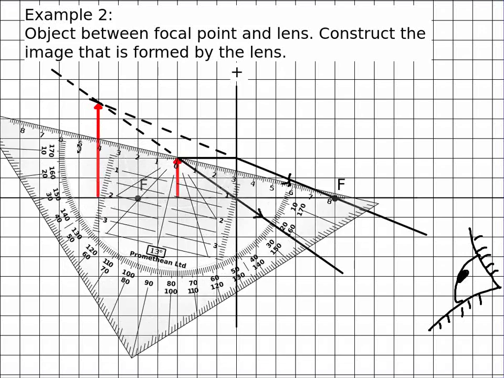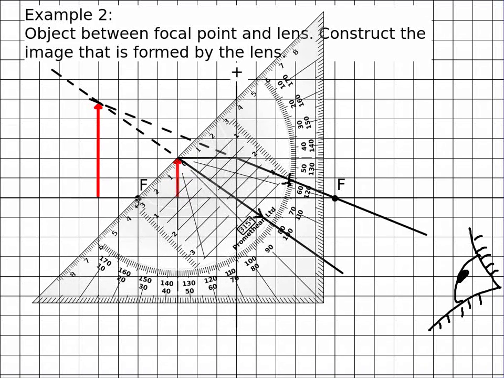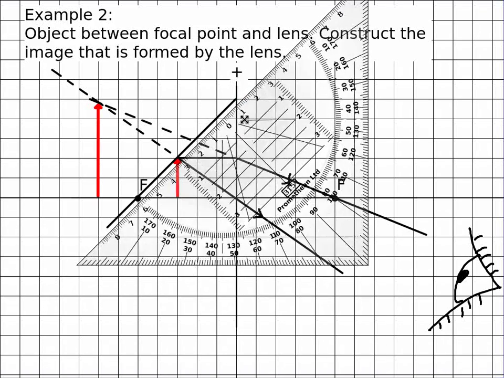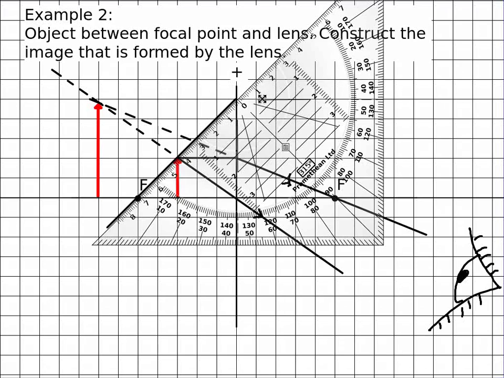Now what about the third principal ray? Remember that the third principal ray goes to the focal point, the principal focus, but it will never reach the lens. We can extend it to the other side so that it will reach the lens, and it is refracted parallel to the principal axis.